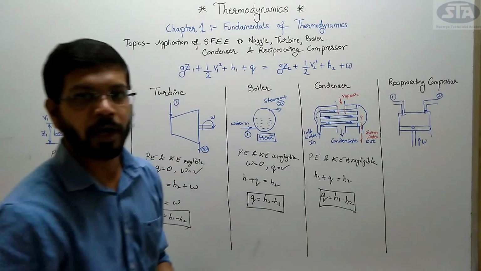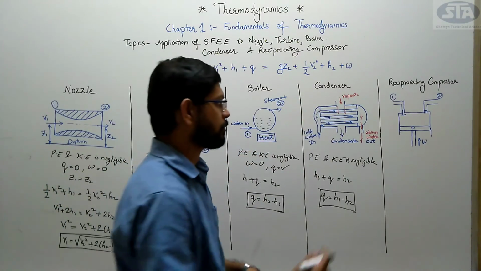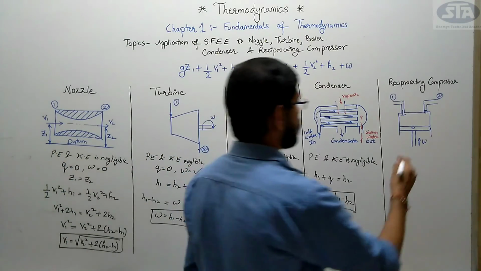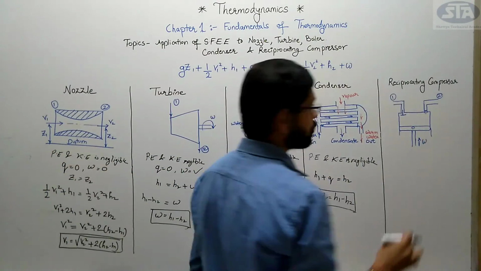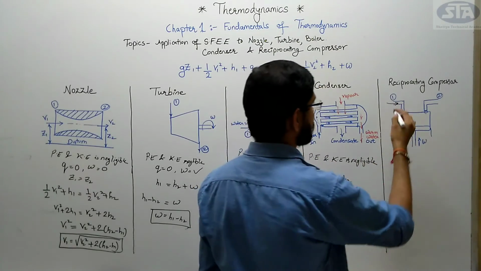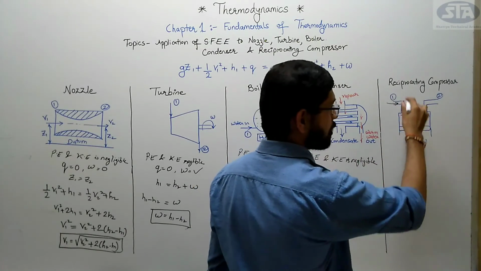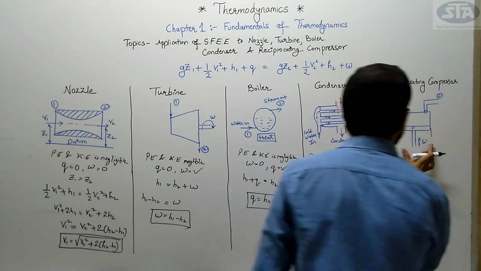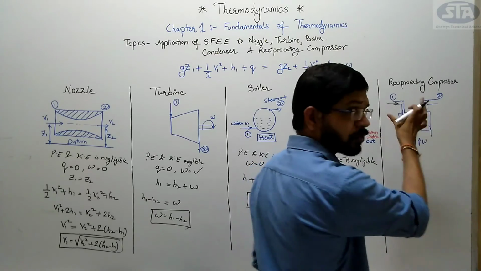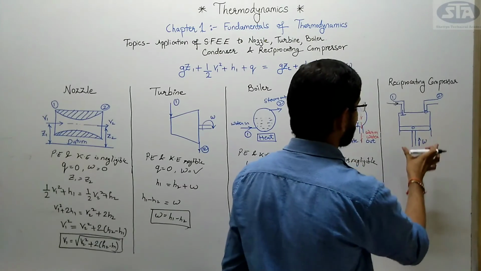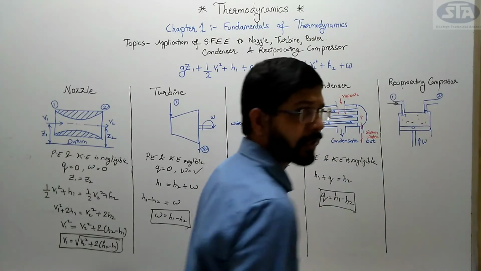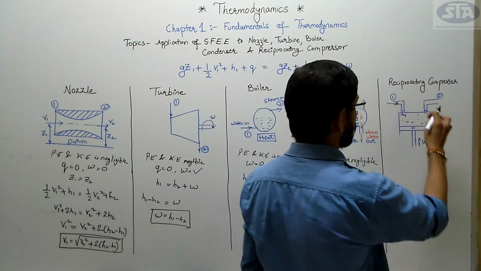Now moving to our last device, that is the reciprocating compressor. What is a reciprocating compressor? What does it do? See, it takes in the flowing substance. The valve opens, it goes in, and when I do some work and push this rod upwards, the vapor inside gets compressed and locked, right?